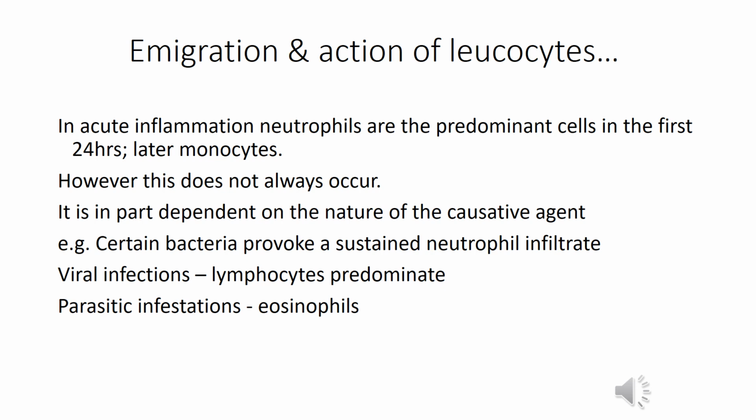That means if you do a full blood count and ask for differential white blood cell count, and you find in your interpretation of results that it is predominantly neutrophils, that should suggest to you that the cause of inflammation is an infection, first of all, and number two, it is a bacterial infection.